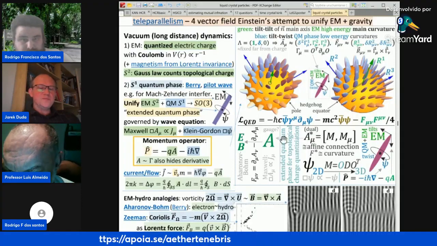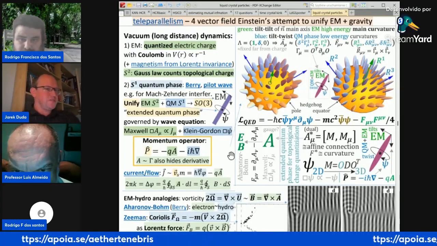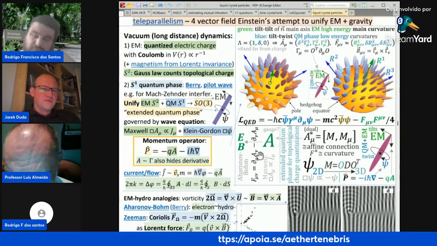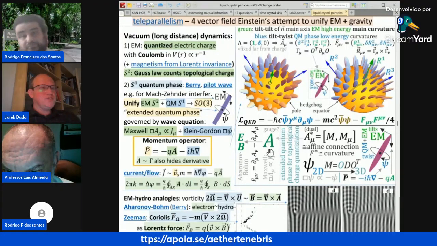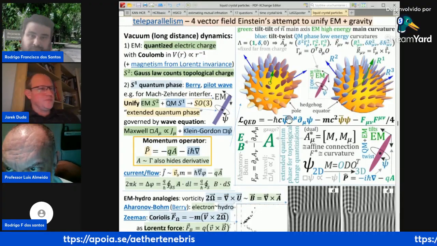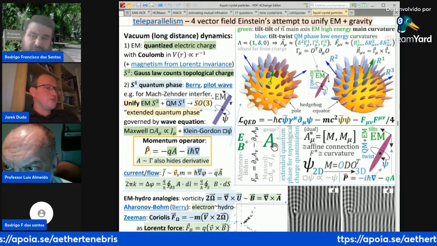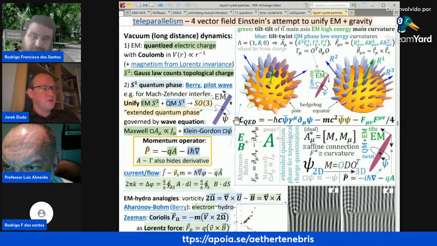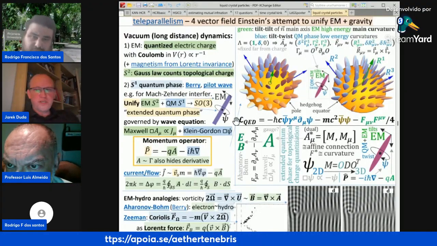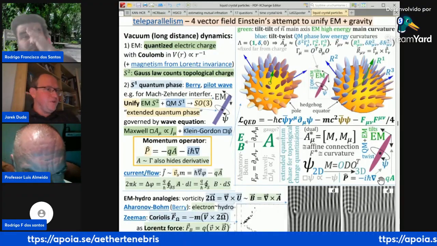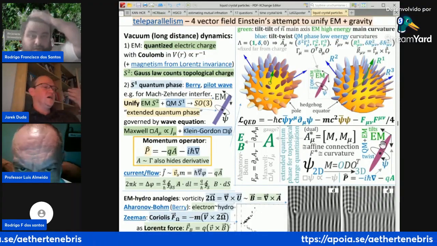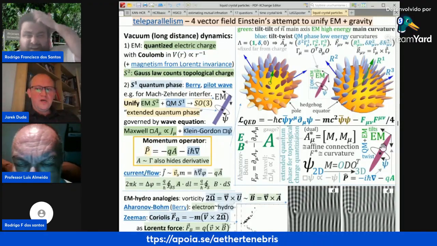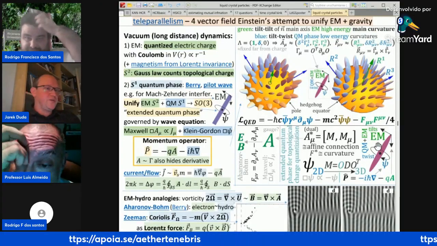So you have electromagnetism, and electromagnetism is believed not to be fundamental, that we have a deeper A field because of the Aharonov-Bohm effect, for example, and here we are saying that we need an even deeper field because of the lack of charge quantization. Here we don't have charge quantization. Charge can be a real number, while in nature it's an integer. To get charge quantization, we need to use an even deeper field and define its connection as the A field, and curvature as the F tensor. And this deeper field is your teleparallelism.